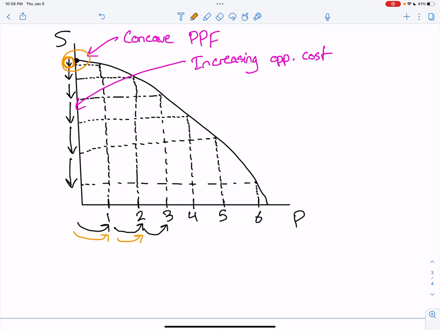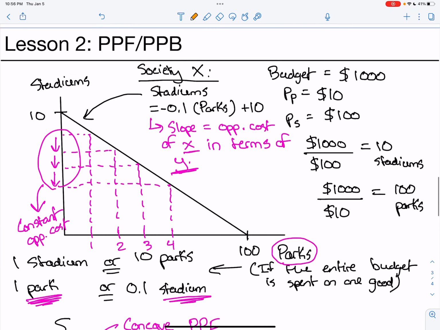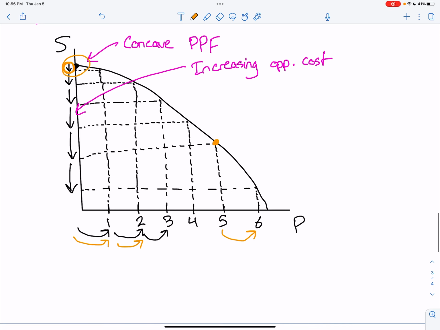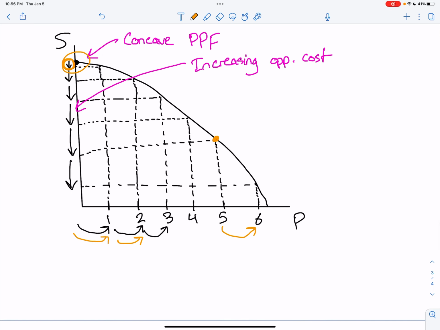Now, in contrast, by the time you get to, let's say, this point along the PPF, to get to your 6th park, and by the way, I recognize that these numbers are different from the numbers up here. That's fine. Let's pretend it's a slightly different society X. The numbers are not important. It's the concept that underlies the numbers that's important.